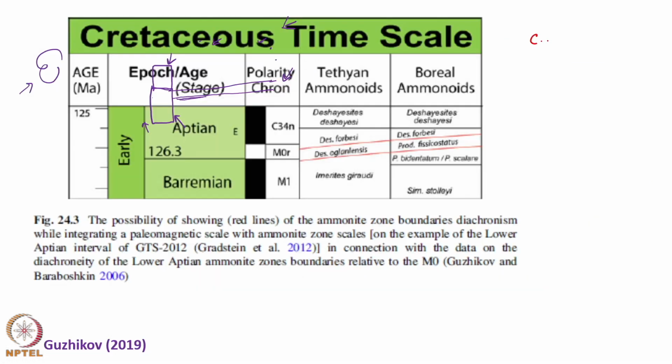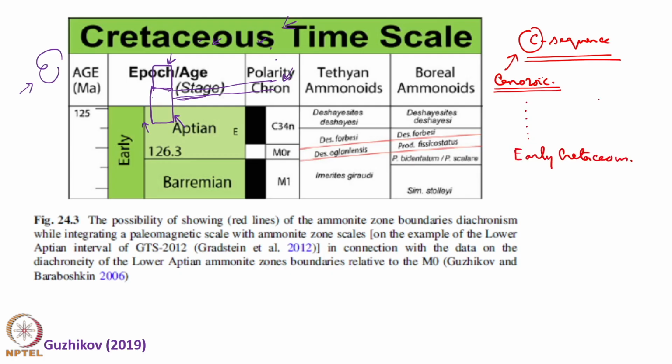When we say the C sequence, C stands for Cenozoic, but it is a very important point to note that the C sequence is not restricted to the Cenozoic only. From Cenozoic downwards it goes on and it reaches up to early Cretaceous. The numbering goes like this: C1, C2, C2a, etc., and it goes up to C34n.